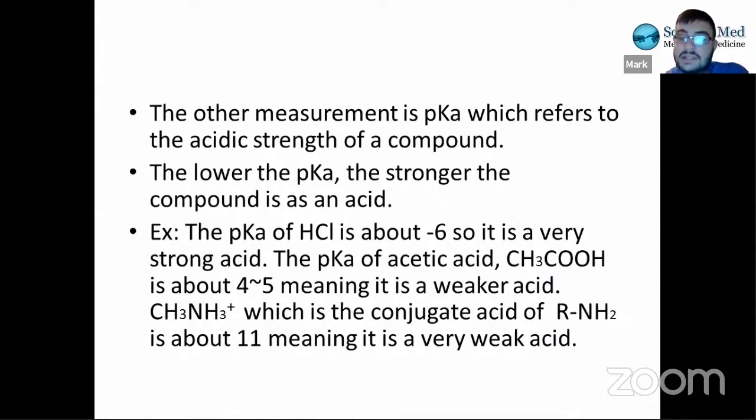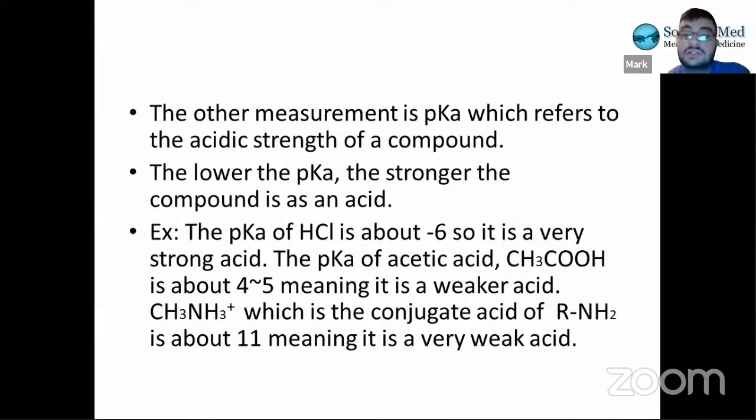The pKa of acetic acid, which is the other acid that I was commonly using in today's lecture, is a weak acid, and it has a pKa of about 4 to 5, right? And it varies sometimes, but it's about 4 to 5. So it's a weaker acid, and it's actually classified as a weak acid.